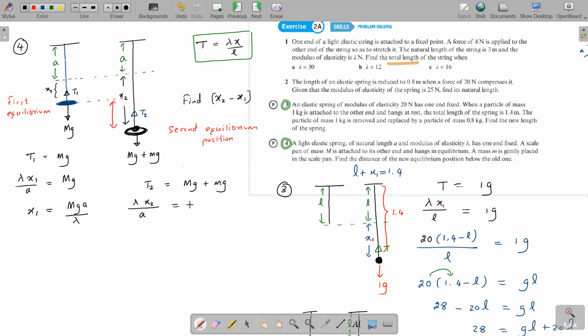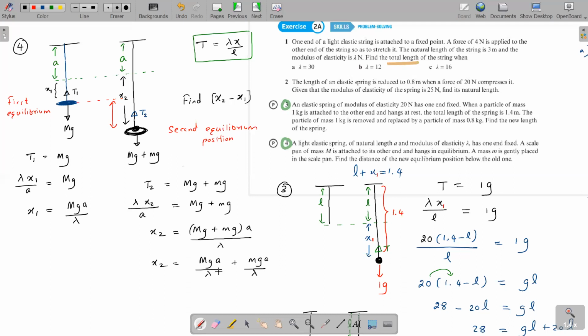Lambda x2 over A equals capital Mg plus simple mg. So I end up getting x2 equals capital Mg plus simple mg into A over lambda. Guys, do you agree with me? I could separate this as capital Mg A over lambda plus simple mg A over lambda.